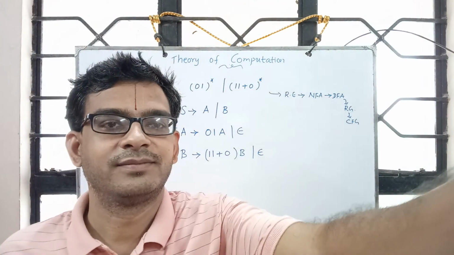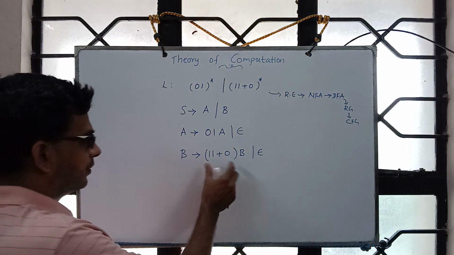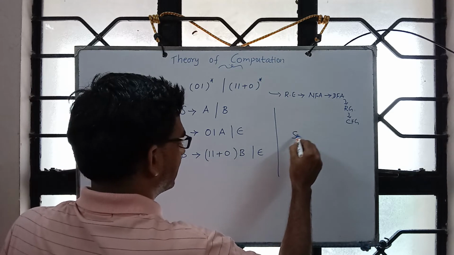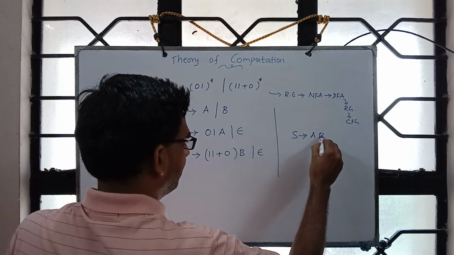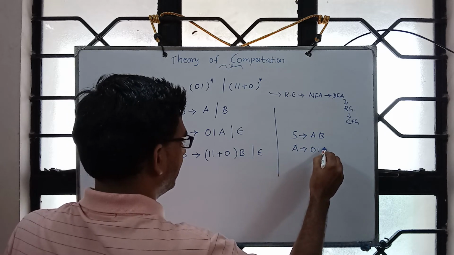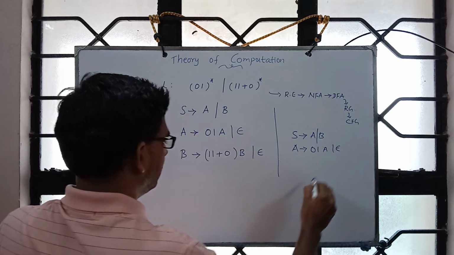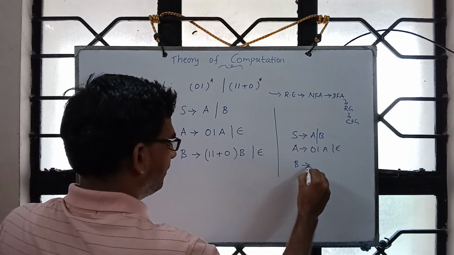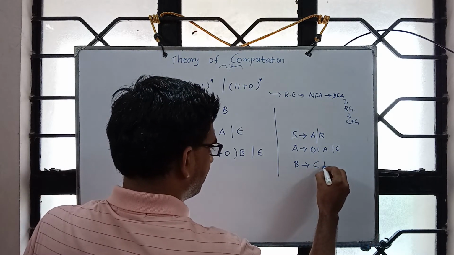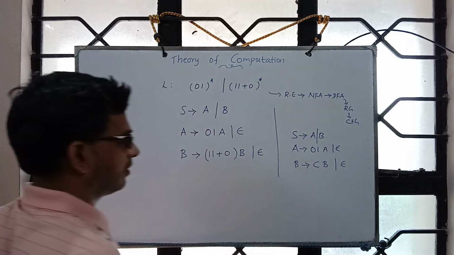Fine. In case you want to simplify this further, yes, this can be done. So I can say S implies AB, and A implies 0, 1 A or epsilon, and B implies, I say, capital C followed by this, followed by epsilon.